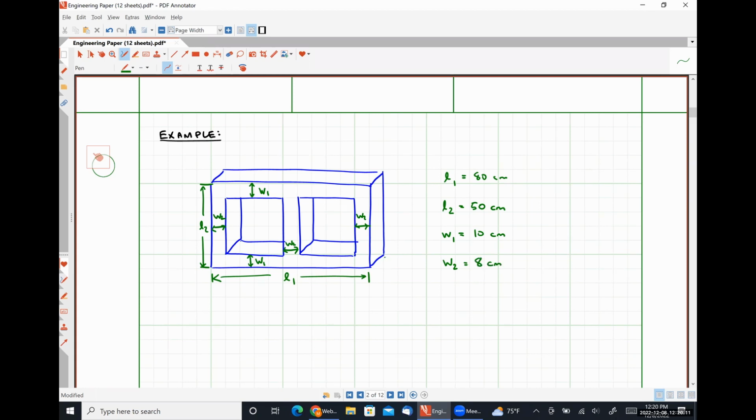And our thickness, T, is equal to 10 centimeters.